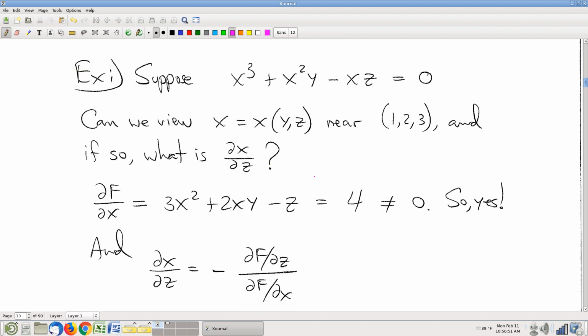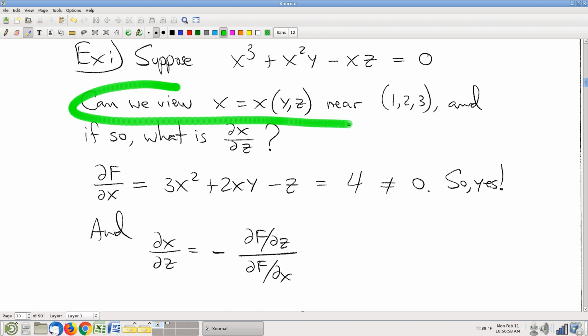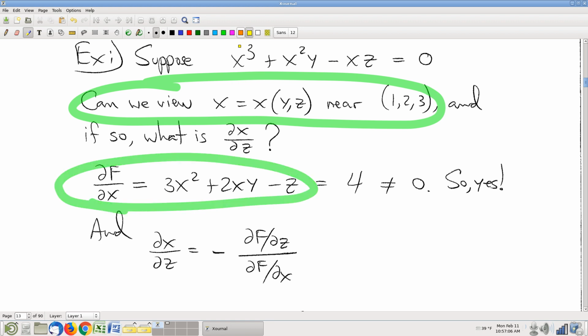Okay. So, step one. Can I view x as a function near that explicit point? Well, here's how you go about doing that. Partial with respect to x, again, the variable that you want to view as being a function. That's what you take the partial with respect to.